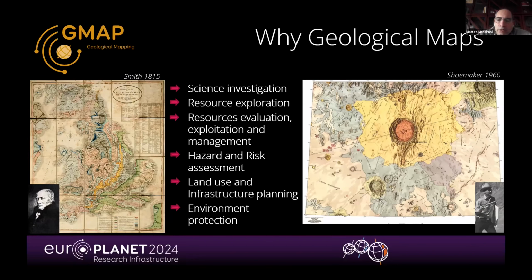If you are not aware of the territory where you are, you are actually at risk. So that's why a geological map is important on the Earth, and at the same time, it's important for planetary surfaces, because if you are planning a mission, and in particular an in situ mission of exploration, you need actually to know the geology there.